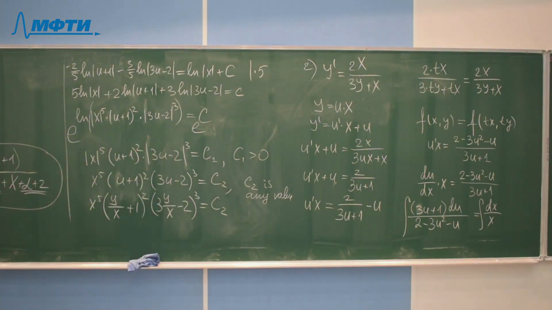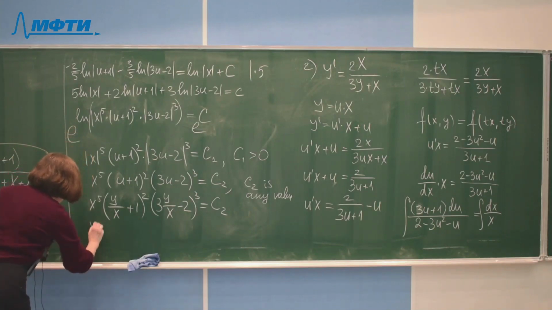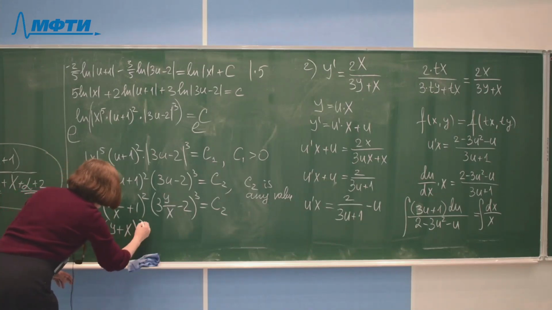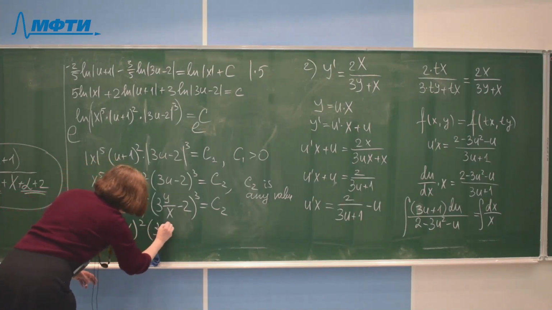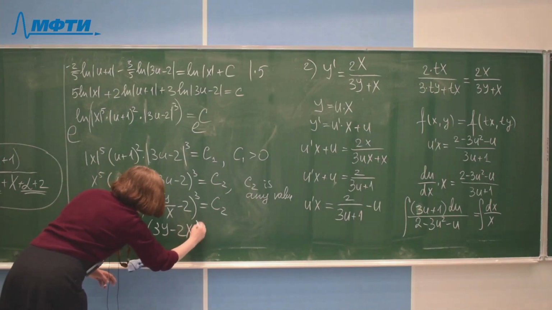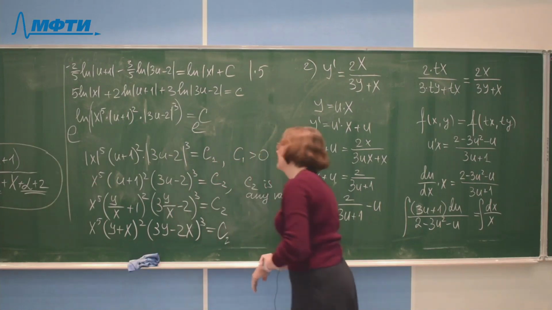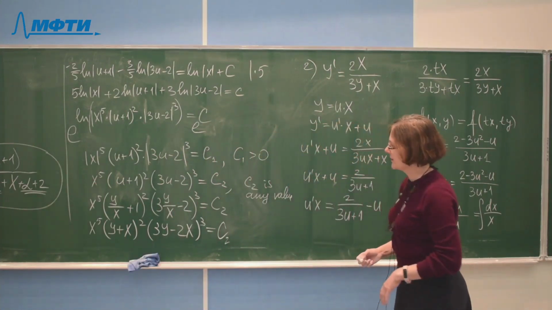Right? Okay. Next, to avoid fractions, we can multiply it by x, and we will get x to 5, (y plus x) squared, (3y minus 2x) cubed equals c2, multiplied by x.